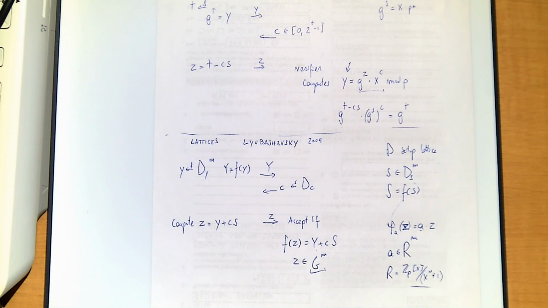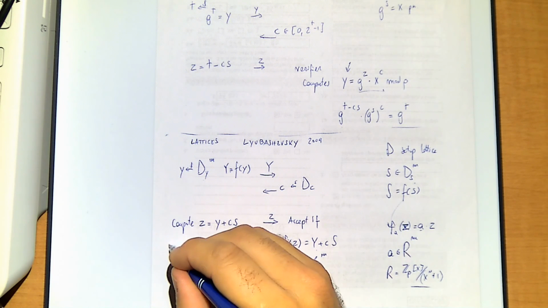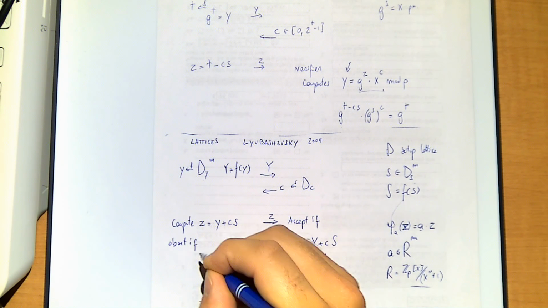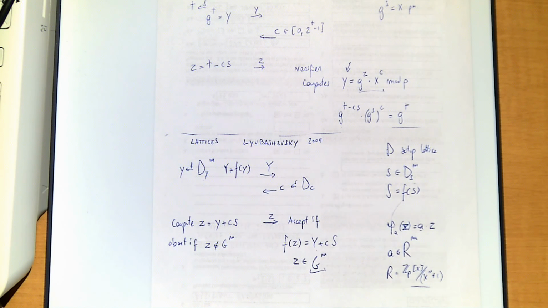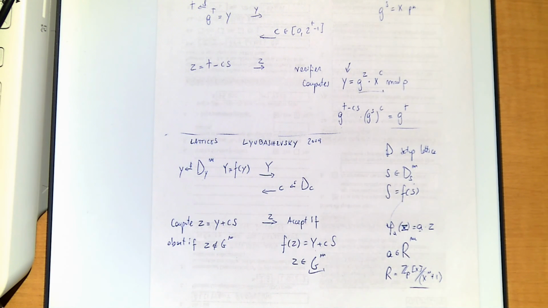So here you basically abort if z is not in G^m. And so you can try to sign, so you can really push, there's an optimized version: if you say I have to try 2 or 3 times, or 10 times or whatever, with a small probability I get out of the correct distribution, then I just try to sign again.